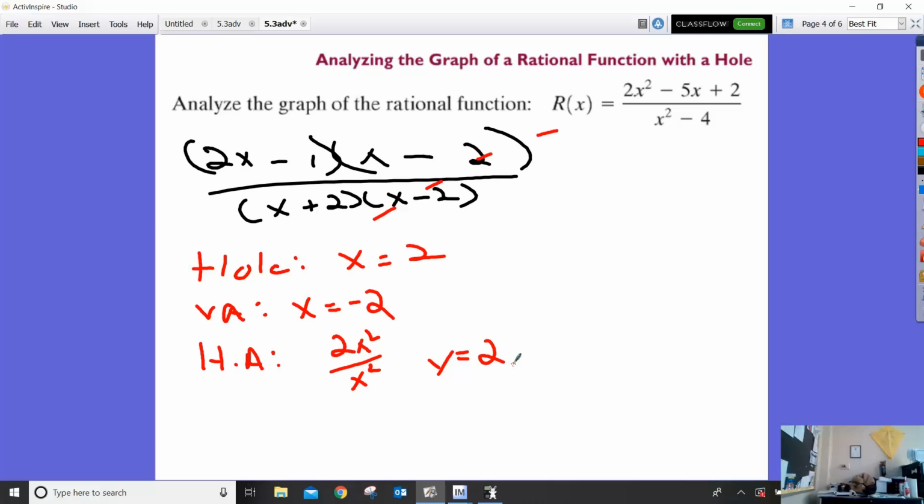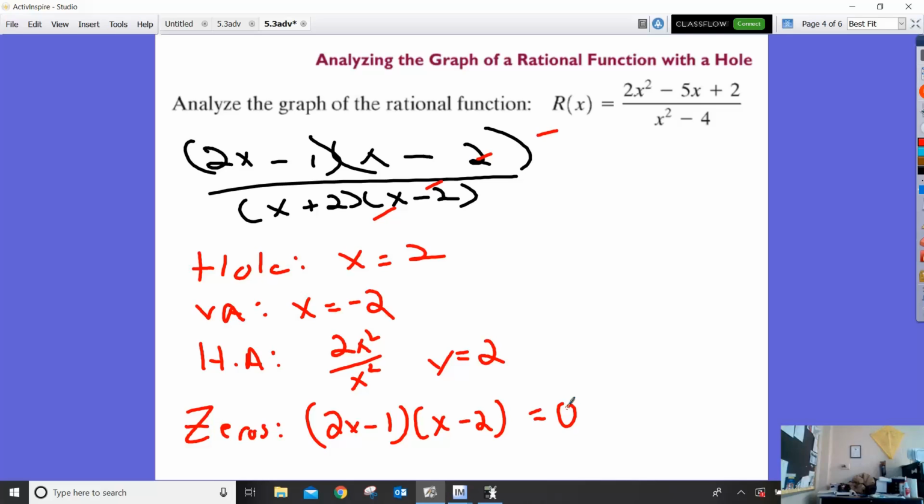Zeros. We factored the numerator. Just set it equal to 0. Where does this thing cross the x-axis? Just do what it says. No other questions.